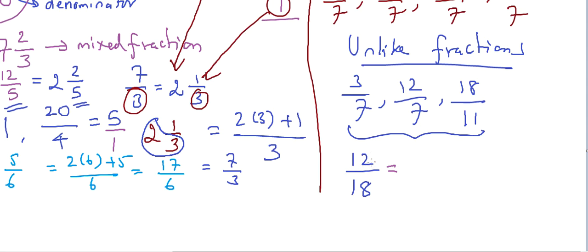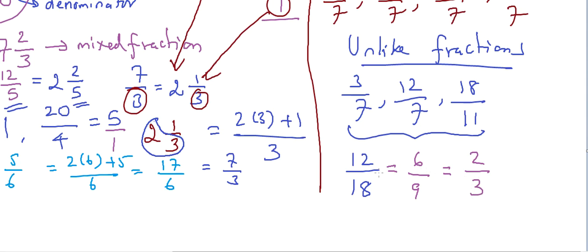So if you divide the numerator and denominator by 2, we get 6 by 9. Isn't it? So this can further be divided by 3 and it becomes 6 by 3 is 2, 9 by 3 is 3, 2 by 3.